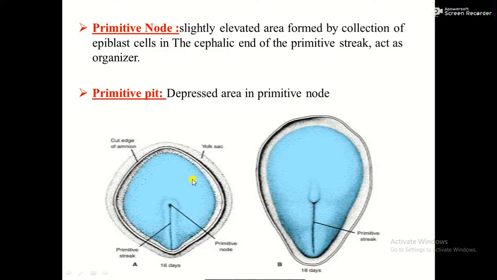As you see, it is on the surface, the epiblast surface, so it is made of epiblast cells. I could ask you what the origin of the primitive node is, and you would answer it's the epiblast cells. So this is at the cephalic end of the primitive streak, and it has a function, which is to be an organizer. It will organize many processes that will happen later on.